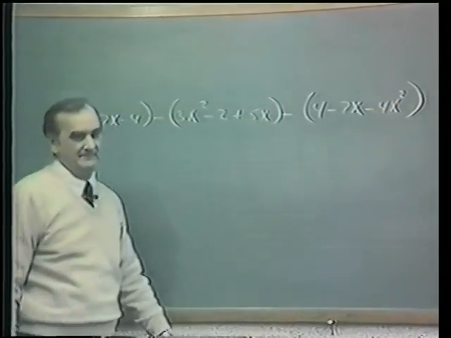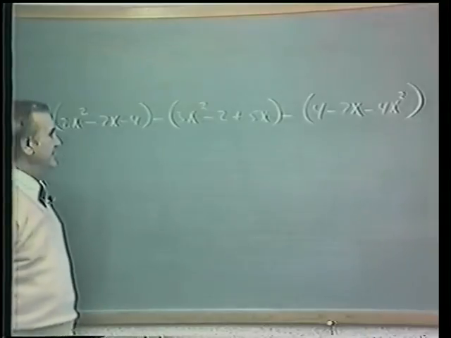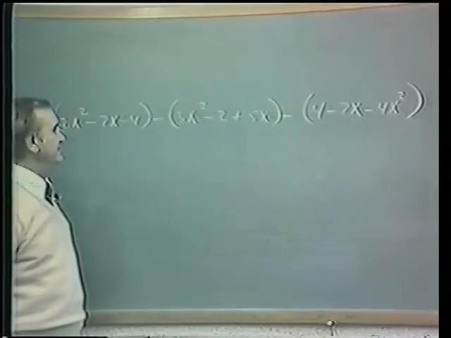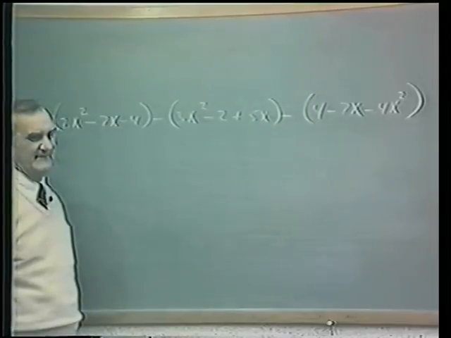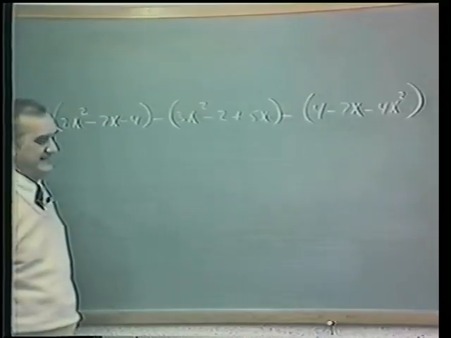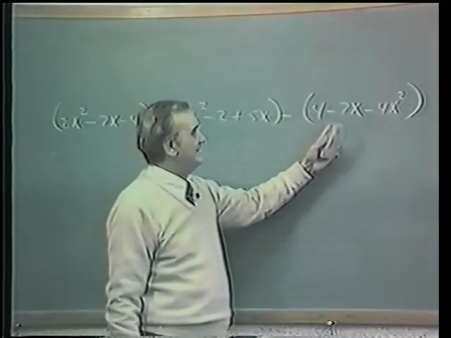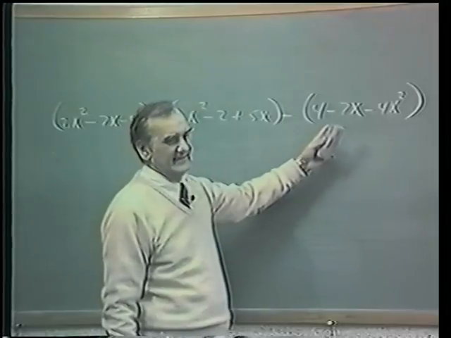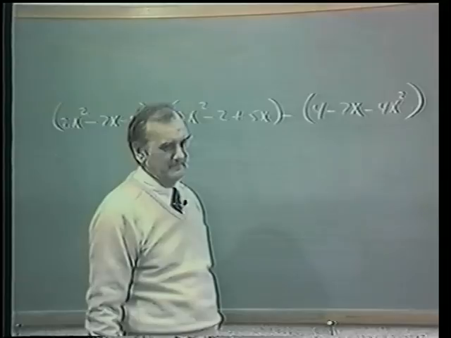End of quantity. How's it, Tim? What's the second term? In the second parenthesis, you have 3x squared minus 2 plus 5x. Minus another parenthesis. 4 minus 7x minus 4x squared.